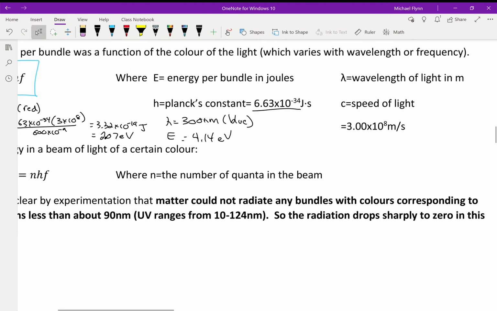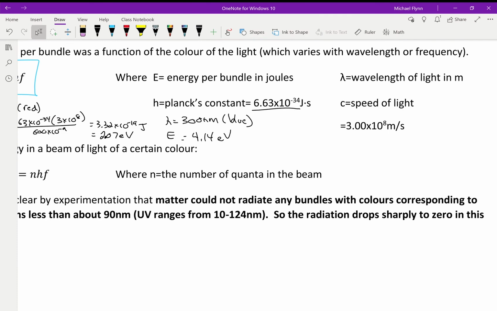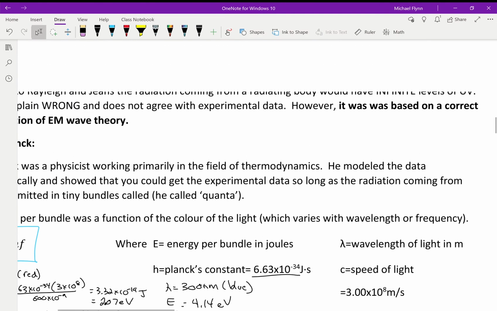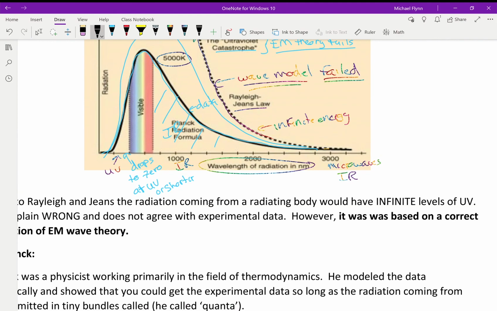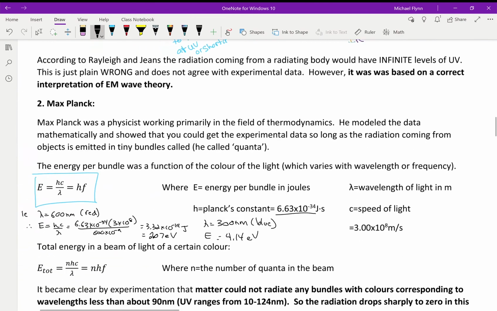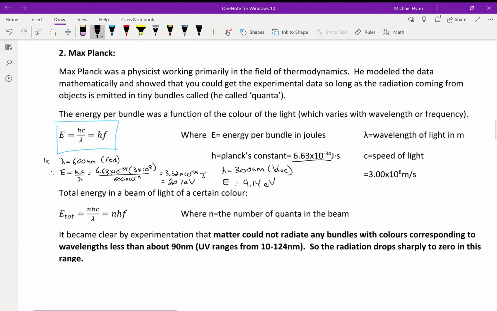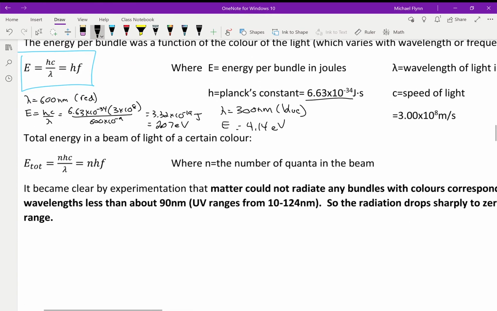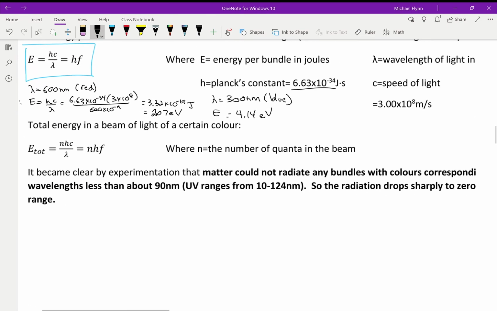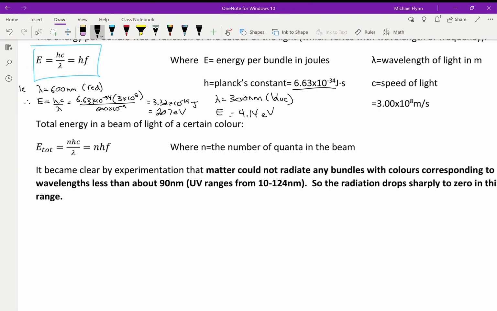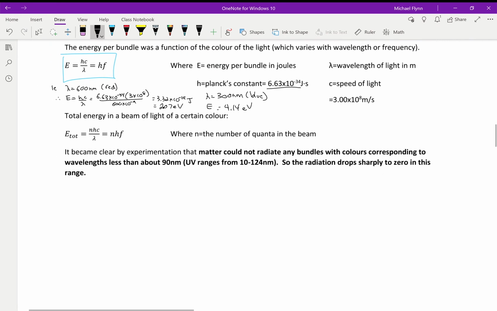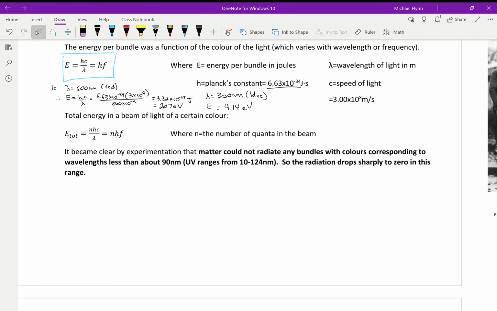Now, if you model the light like that, you can get the predicted result. You get this graph that agrees with the measured data. Now, he doesn't have a theory here. He's just saying that's how you have to model the radiation in order to get the correct result.